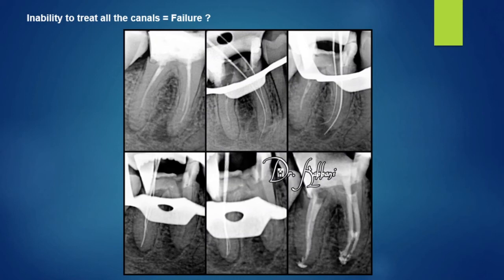Also, we can see that the two distal canals join each other at the apical third and they exit from the same portal of exit. The inability of the primary dentist here to reach the full working length left these spaces untreated, full of bacteria and necrotic tissue, which led to these apical lesions.